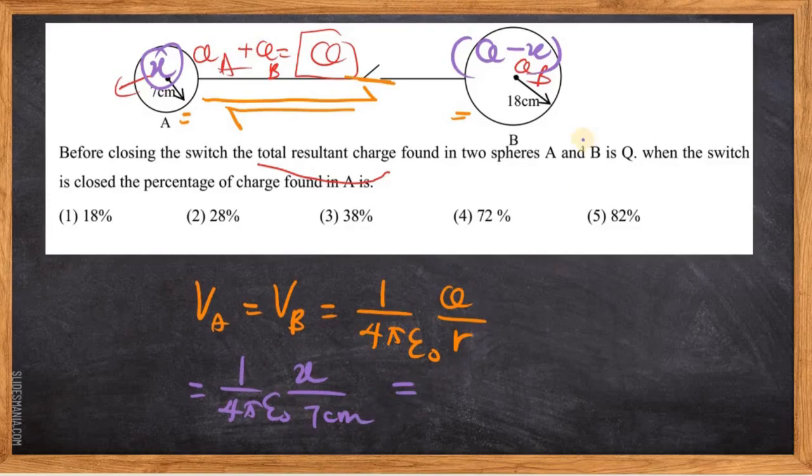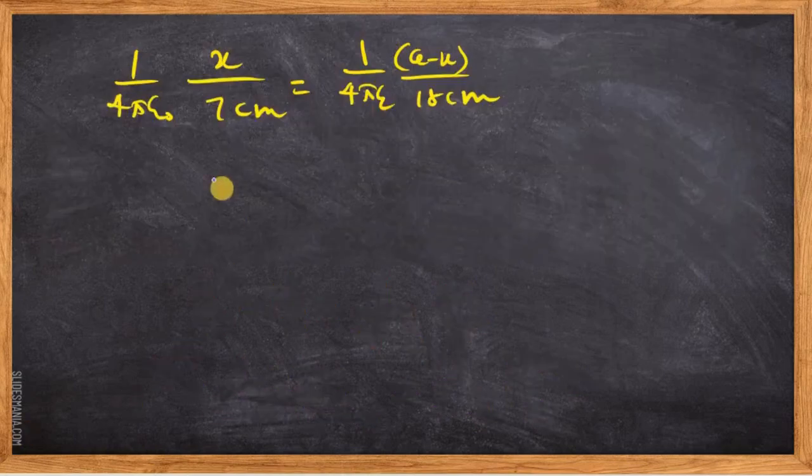And for B, I can write 1 over 4 pi epsilon naught, Q minus X over 18. So what I have to do is find the X value. Let's do the simplification now.